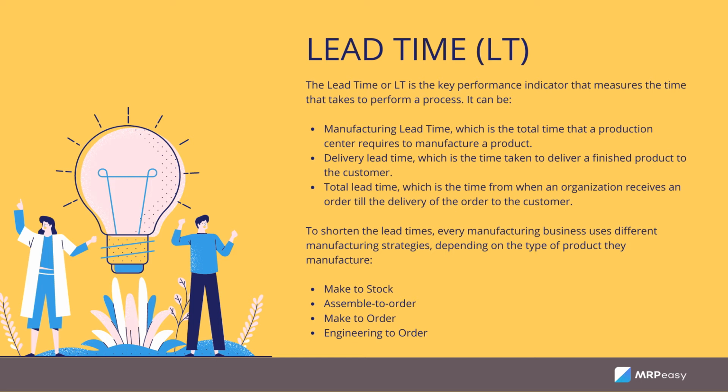To shorten the lead times, every manufacturing business uses different manufacturing strategies, depending on the type of product they manufacture. Make to stock, assemble to order, make to order, engineering to order.